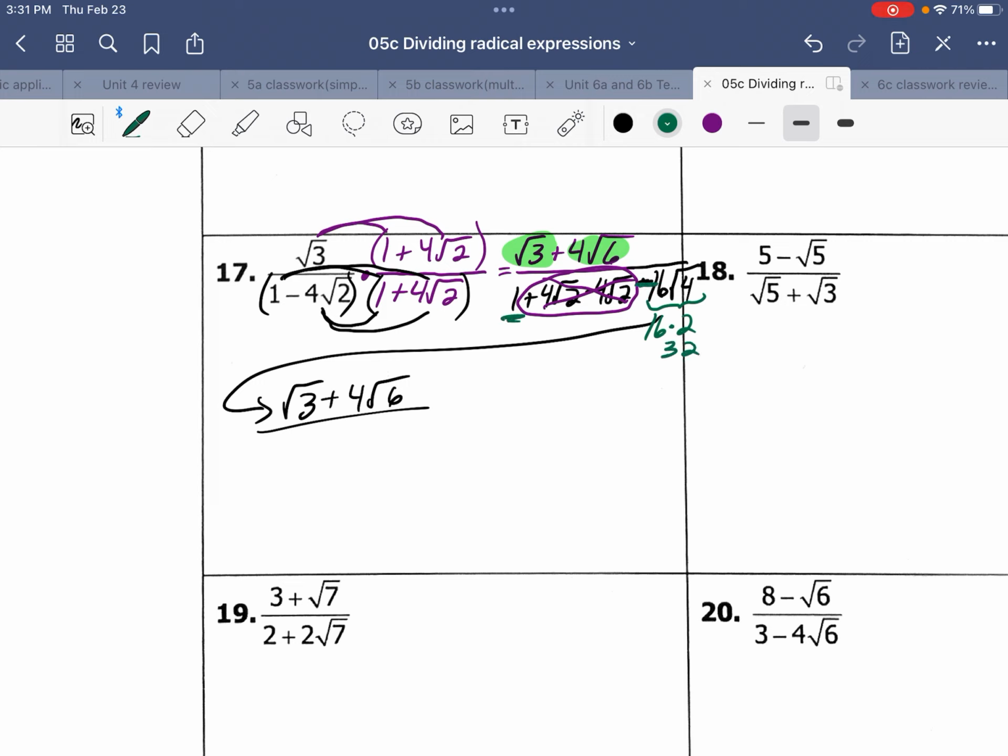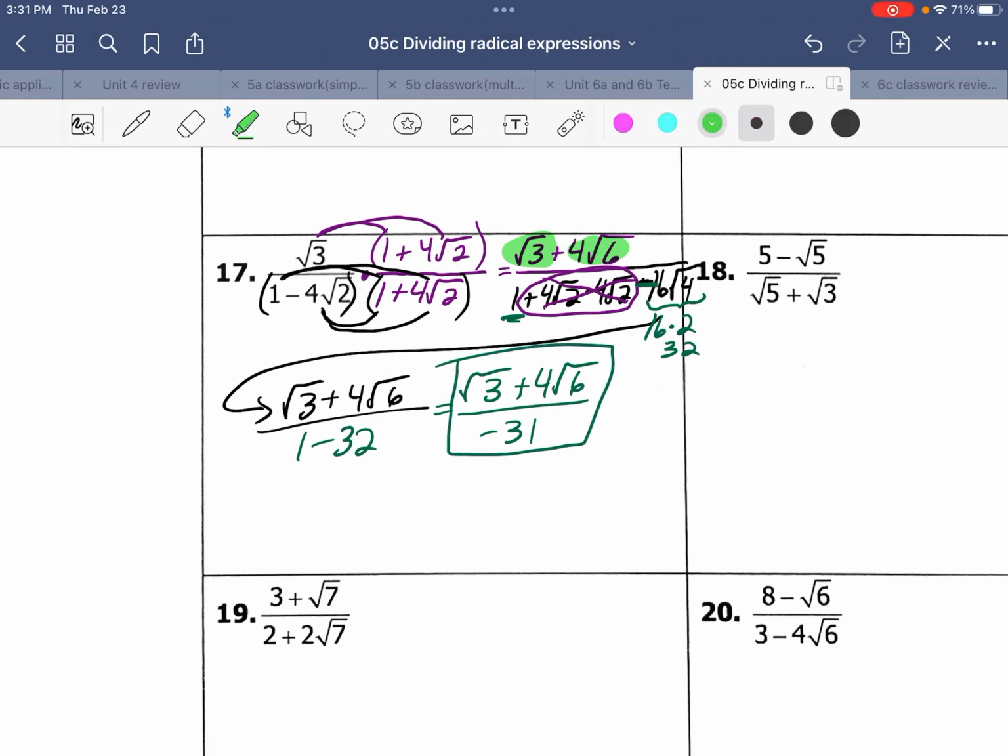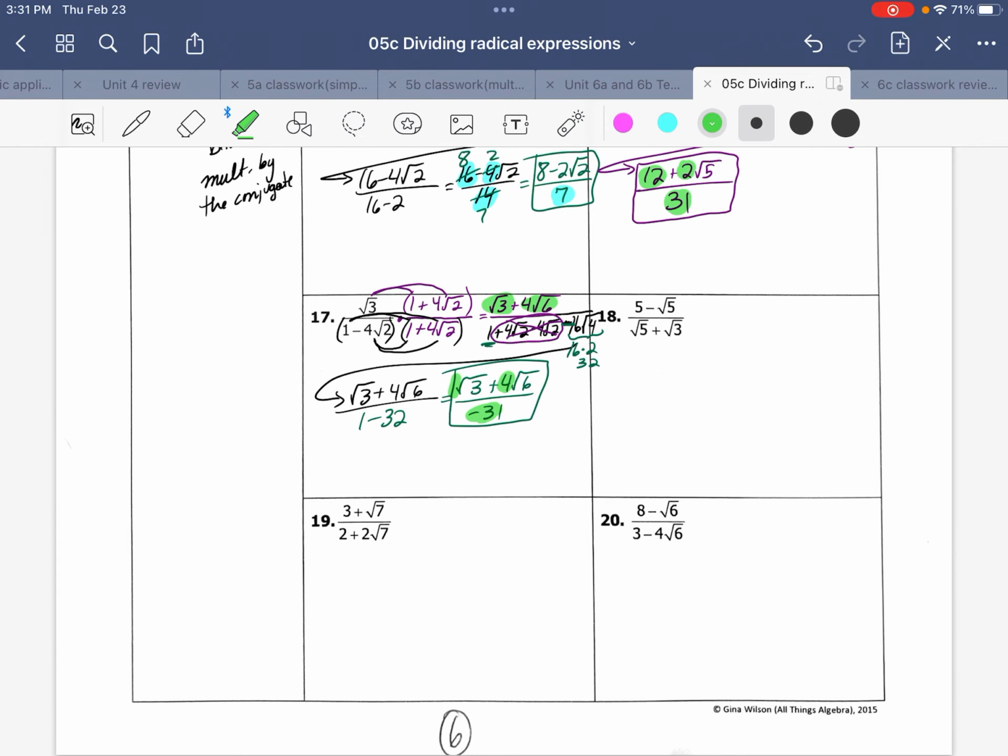So 16 times 2 is 32. So we'll have 1 minus 32. Let's rewrite this: square root of 3 plus 4 square root of 6 over, and that becomes negative 31. There is nothing else to simplify. There's no number in front there, nothing to break it down. So that is your final answer.